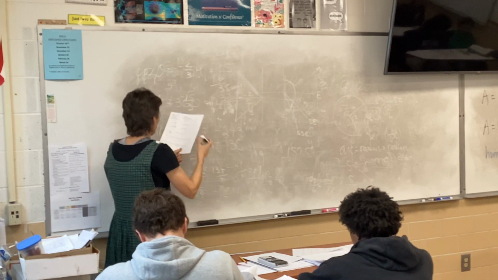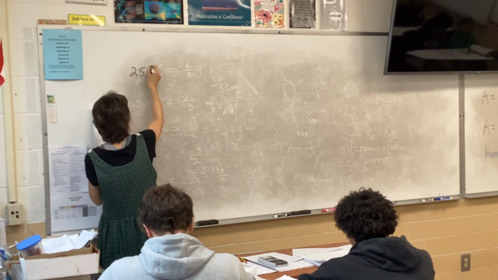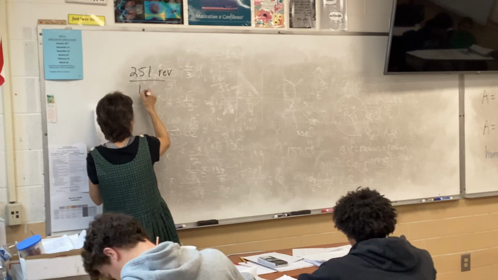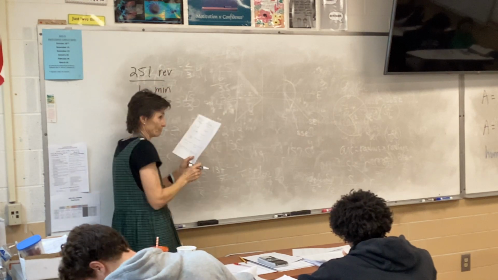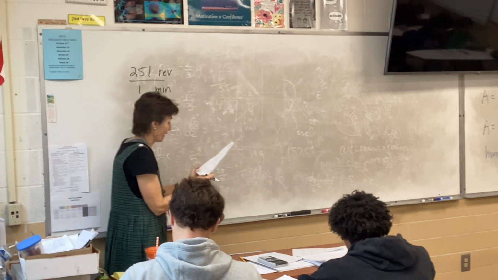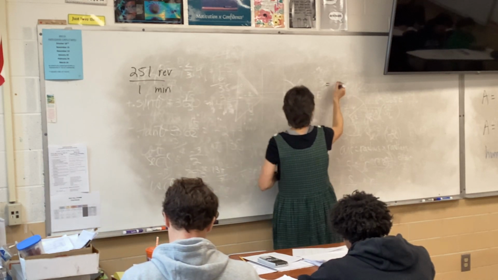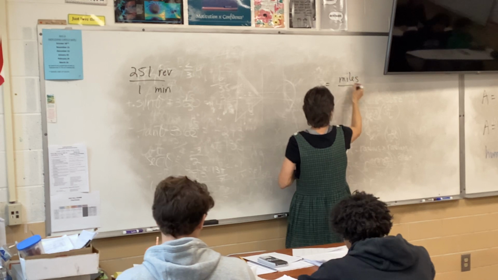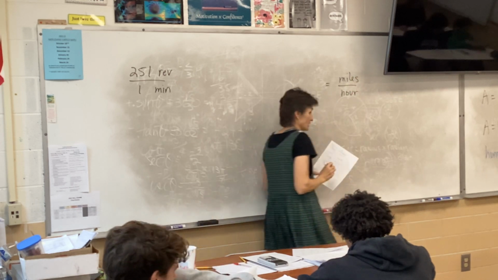My starting point is 251 revolutions per minute. Would everybody agree with that? That's my starting point. And my ending point is going to be miles per hour. That's what I want to end up with.